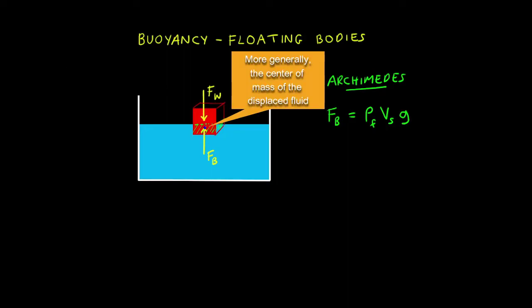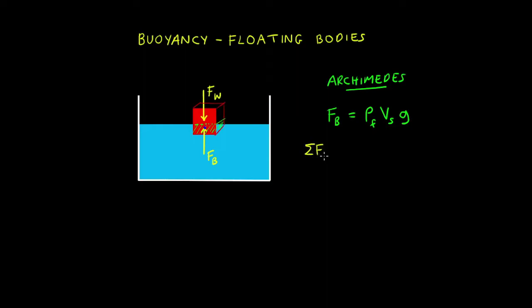Now if we apply Newton's first law, summing the forces in the vertical direction, when the object is floating, the net force acting on the object is 0. Therefore, the force of weight is equal to the buoyant force.